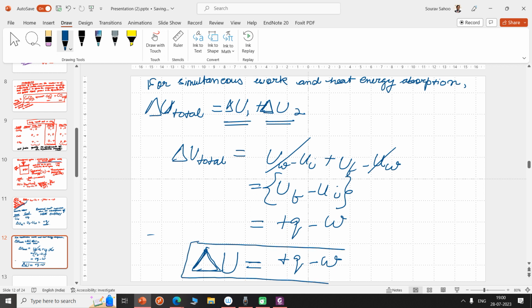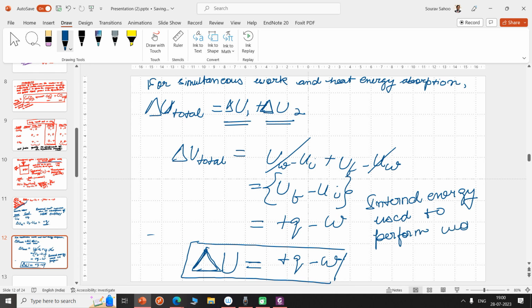The amount of internal energy is used to perform work, and the heat energy that is absorbed increases the internal energy.